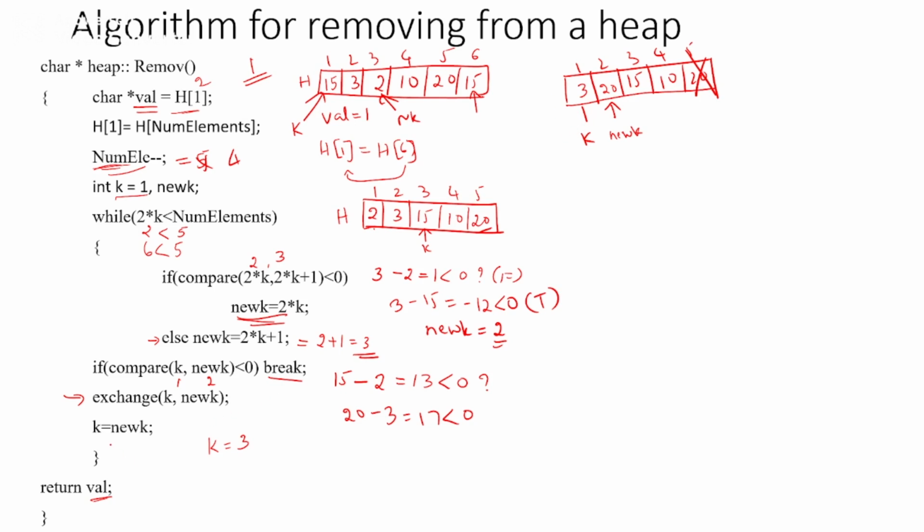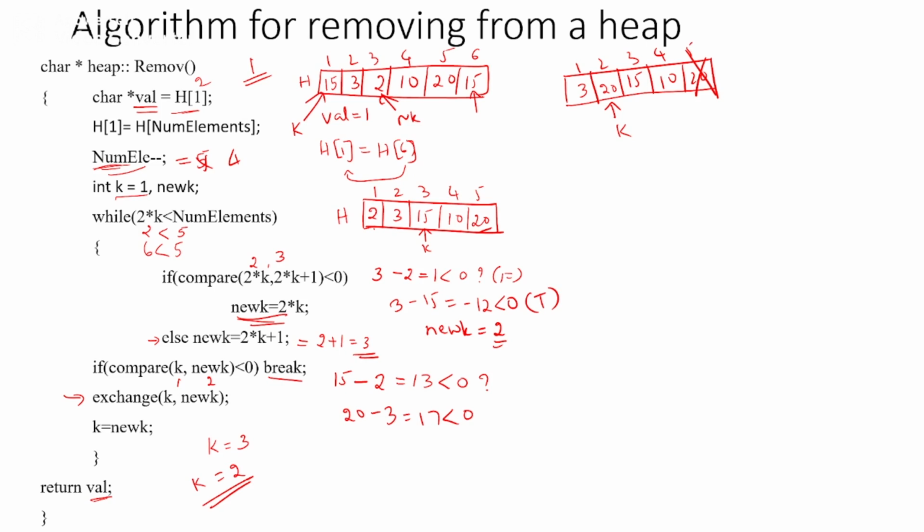Then make k equal to new k. That is nothing but k value is equal to new k. New k is 2. So k is equal to 2. So your k will be pointing to this now. Again compare 2k.